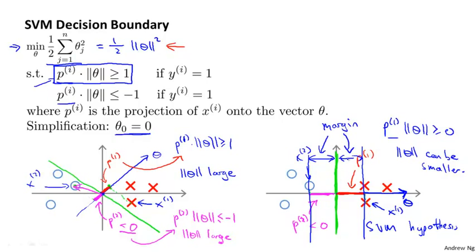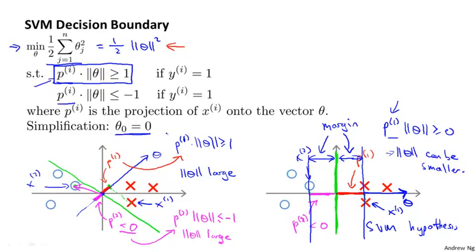The magnitude of this margin is exactly the values of P1, P2, P3, and so on. And so by making the margin large, or by making these terms P1, P2, P3, and so on large, the SVM can end up with a smaller value for the norm of theta, which is what it's trying to do in the objective. And this is why the support vector machine ends up as a large margin classifier, because it's trying to maximize these P_i, which are the distances from the training examples to your decision boundary.